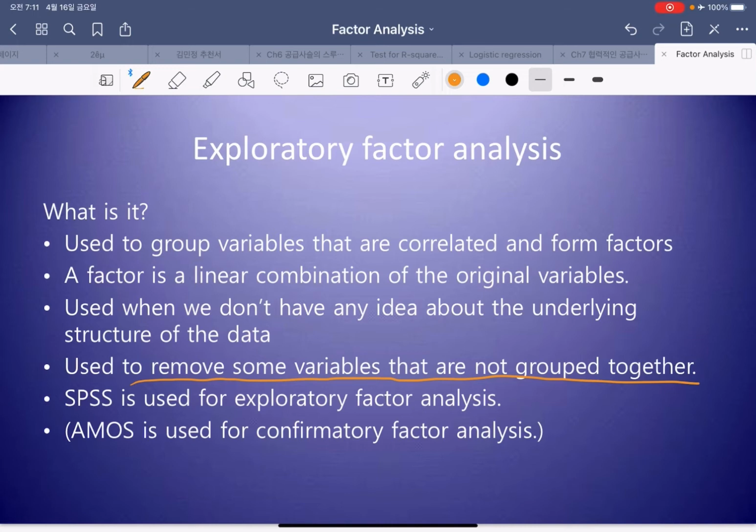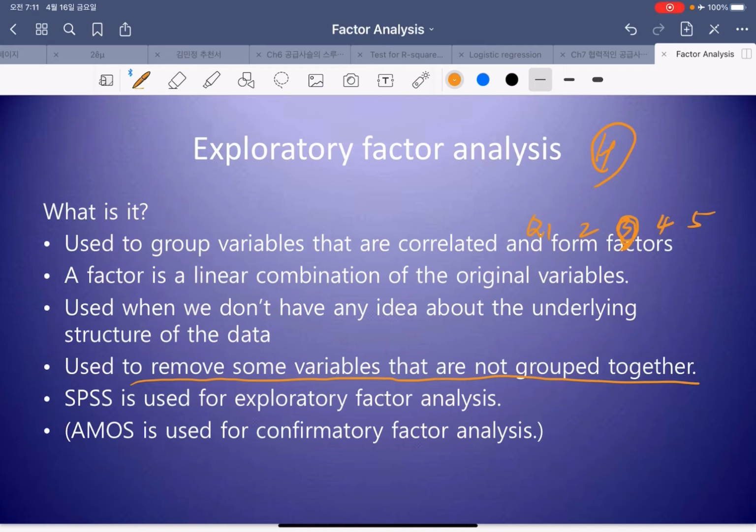So, for example, if you want to measure happiness, you create 5 questions to measure happiness. And you do the exploratory factor analysis, and suppose it turns out that question 3 is not grouped together, then you need to remove this question for your analysis, right?